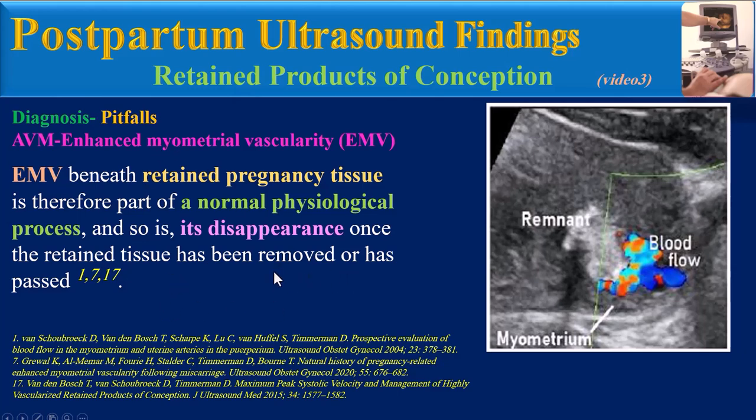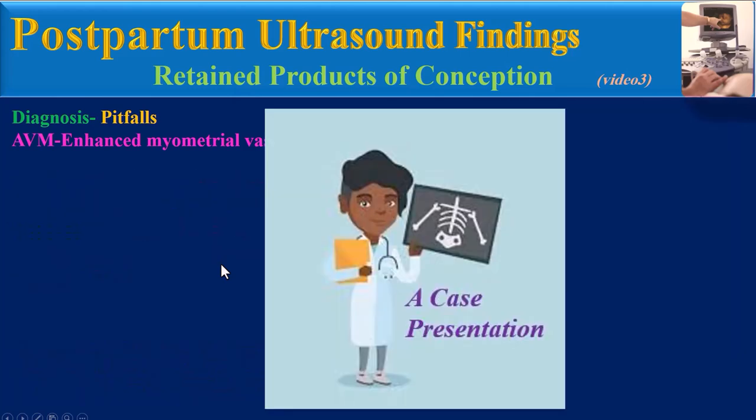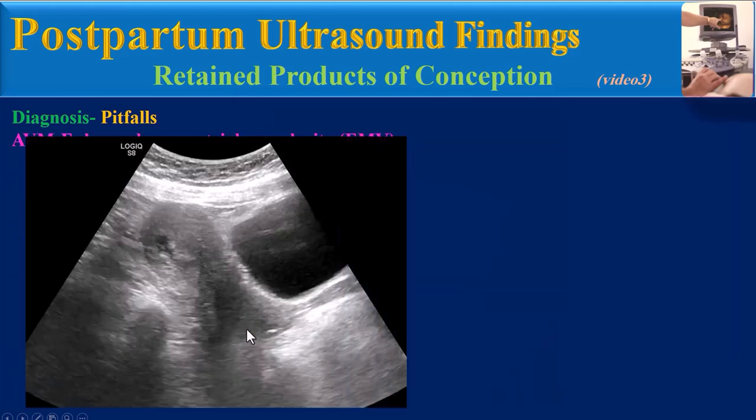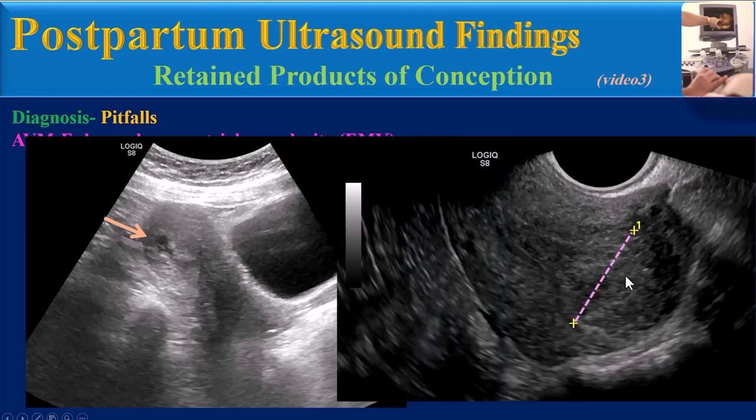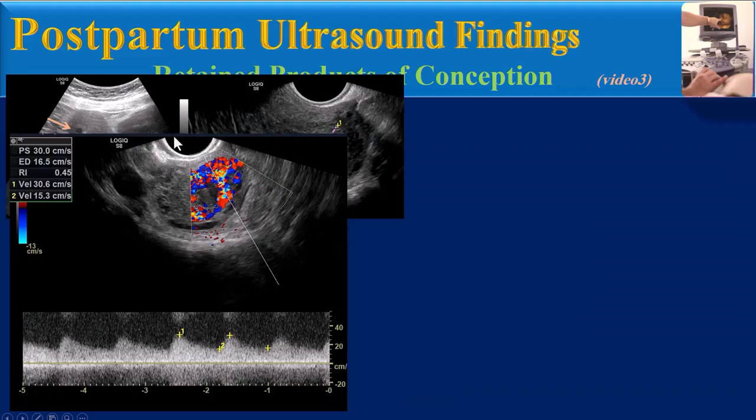To better understand this matter, it's best to review a teaching case together. This image is of a 30-year-old female with lower abdominal pain after a miscarriage 1 month ago, with no history of uterine instrumentation. This grayscale ultrasound image shows multiple serpiginous vascular channels at the uterine fundus and a thickened endometrium on transvaginal ultrasound. Color Doppler revealed turbulent flow with a low resistance waveform.